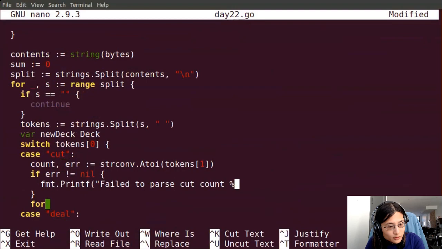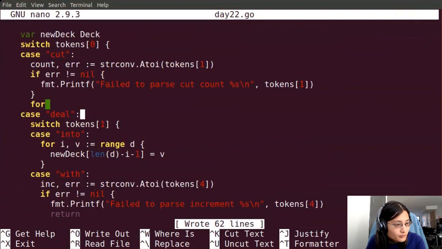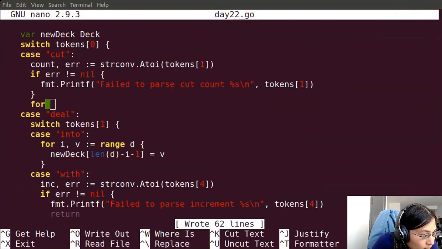Cut counts. All right. Let's just deal with the absolute value. So if the value is negative, then I take the bottom cards and move them to the top. Otherwise I take the top cards and move them to the bottom.